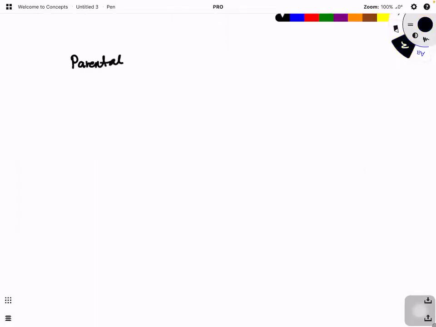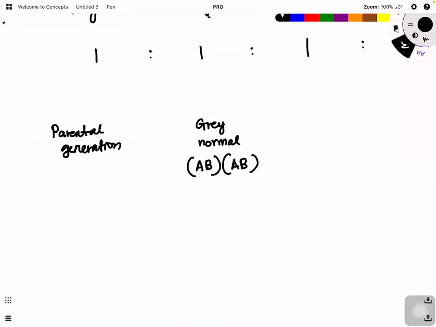Look at this, the parental generation. I started with the gray body, normal wing. If they are linked, that means they have big A with big B together. So if I draw the chromosome out, you will see something like this.